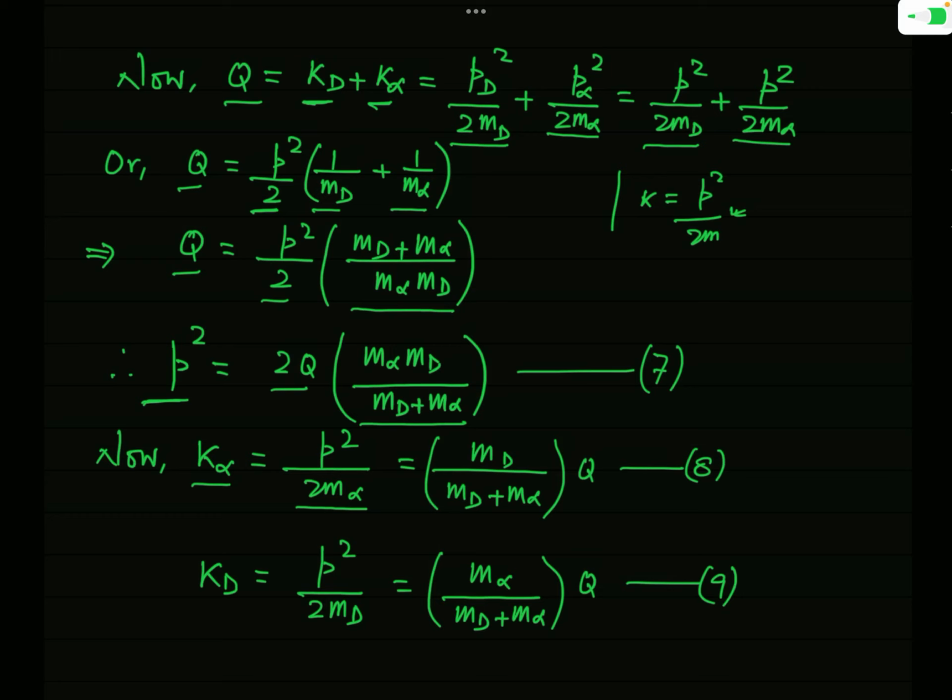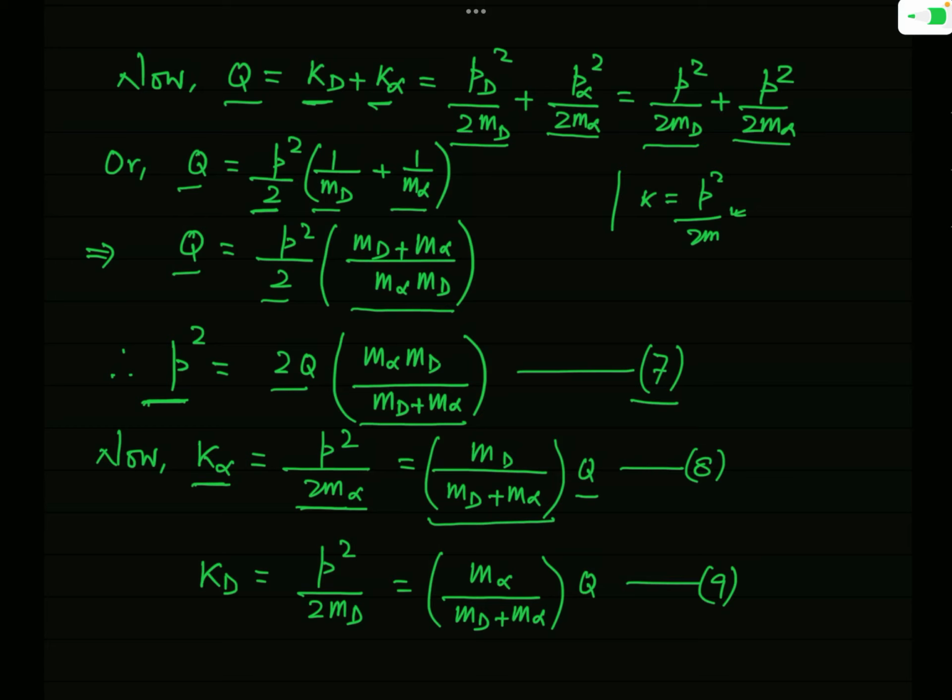And when you substitute the value of P square from this equation 7 here, you can see this 2m alpha will cancel out, and after this cancellation we get that K alpha is equal to md over md plus m alpha into Q.